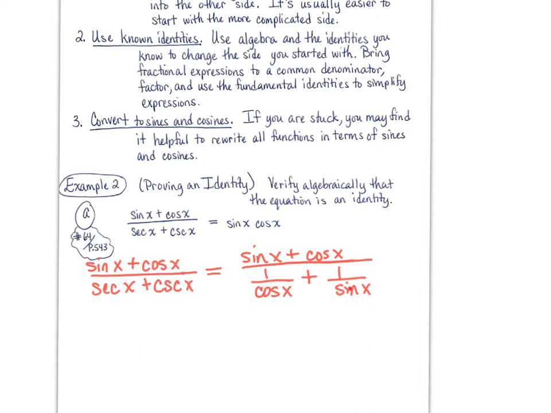Now you can simplify your denominator before we move on. Find a common denominator here and simplify this. So remember, if you have 1 over cosine x plus 1 over sine x, what's that equal to?